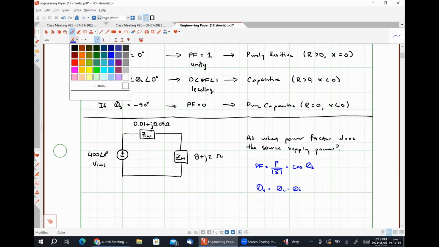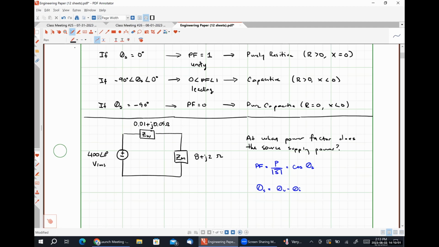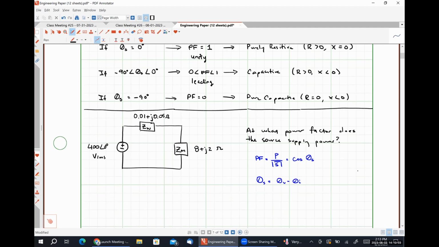So how are we going to find the complex power supplied by our voltage source?